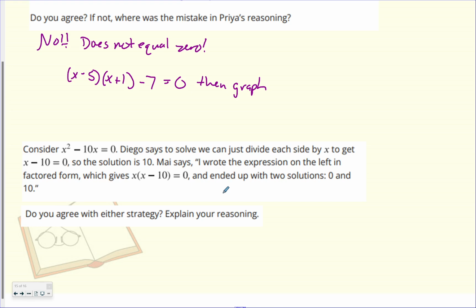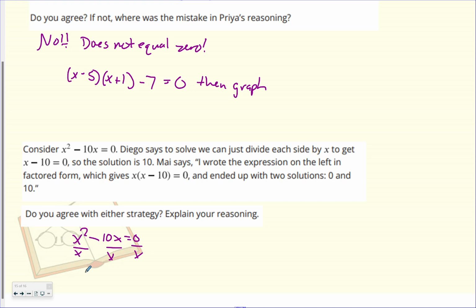So if you had a hard time reading that, here's visually what's happening. Diego takes this equation and divides everything by x, like this.